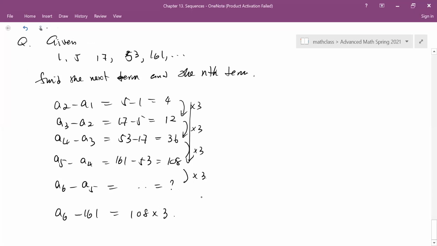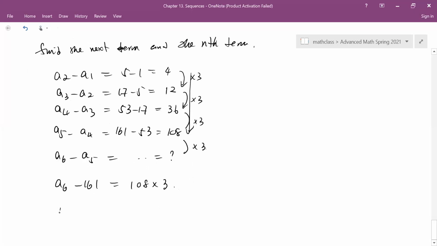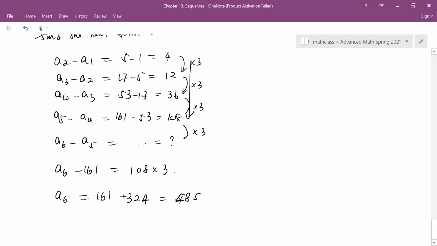So A6 is going to be 161 plus 324, which is 485. That's the correct answer.